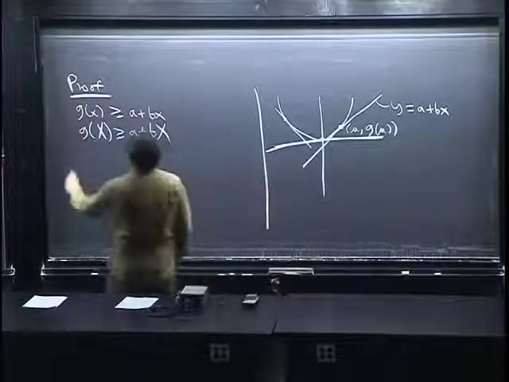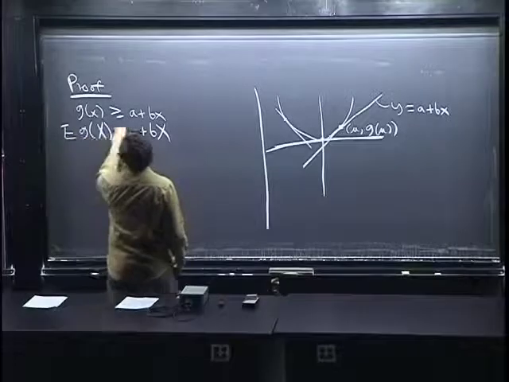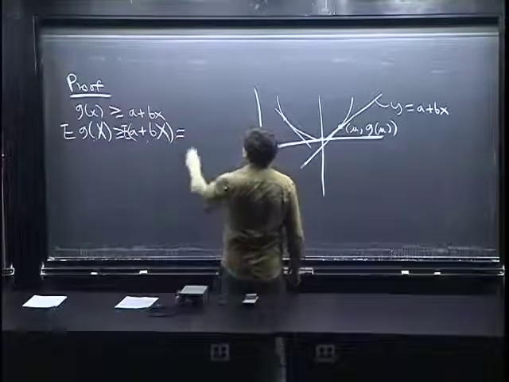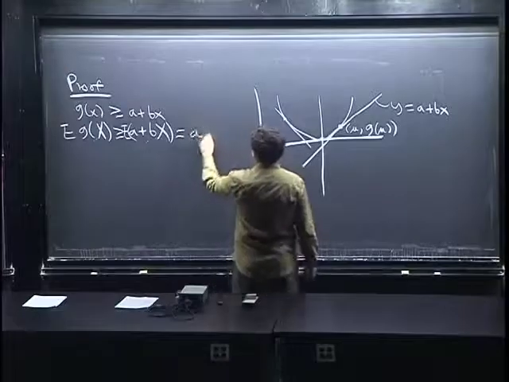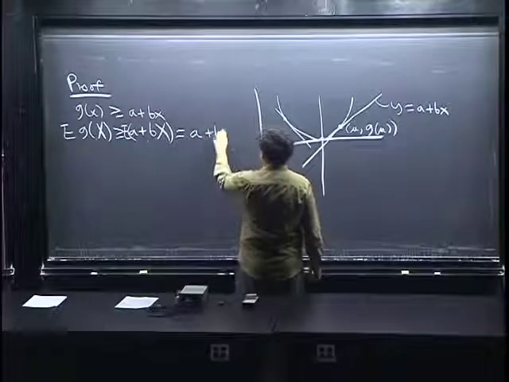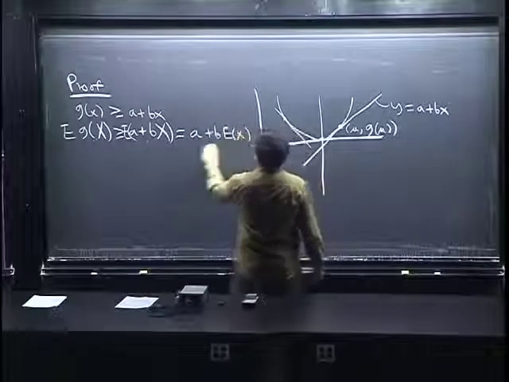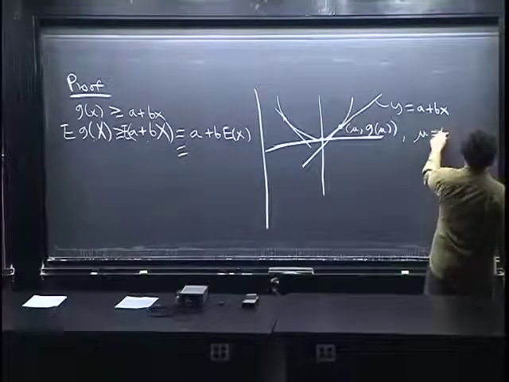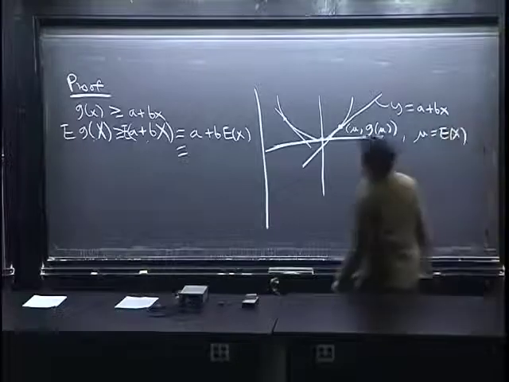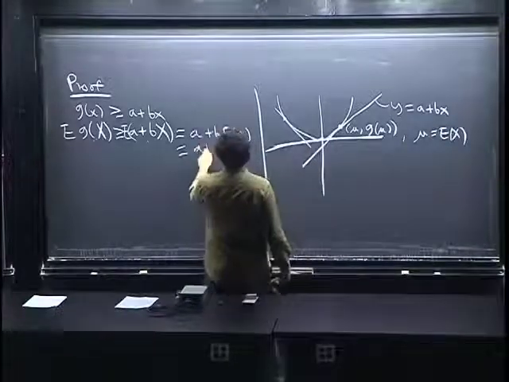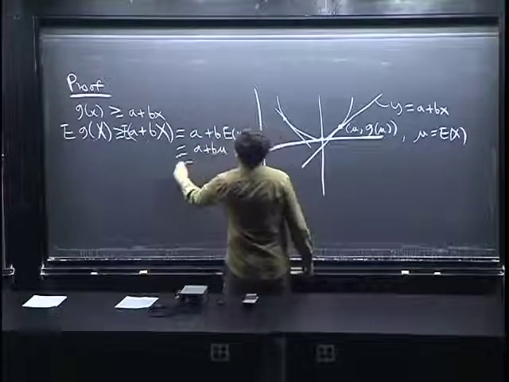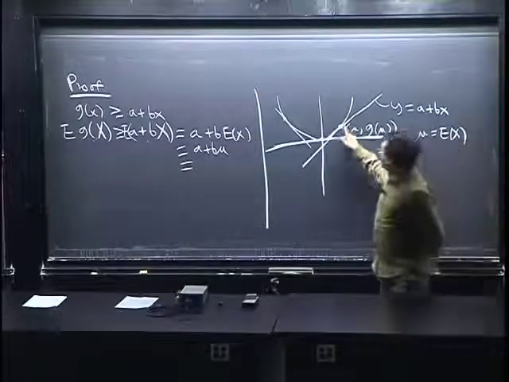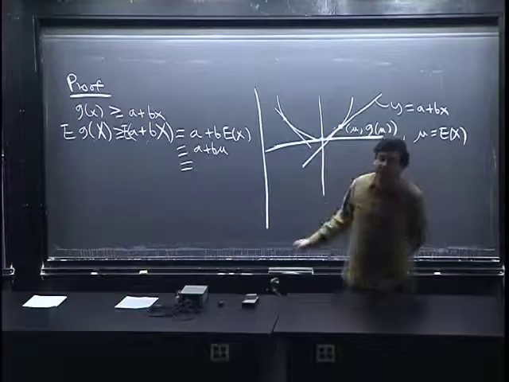For capital X, then just put the expectation on both sides. And then we know that E of a plus bX is a plus b E of X. I'm letting mu equal E of X, that's the notation. So that's a plus b mu. But we chose this line such that the line intersects the curve at that point.